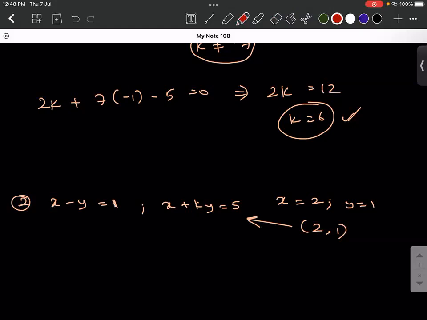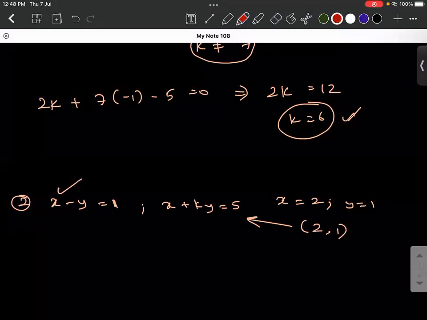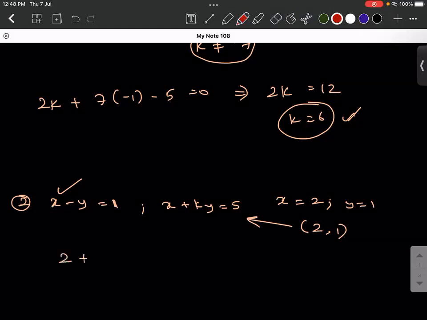No, you need not do this. Wherever k is there, take and substitute it. This equation is given only for you to check whether that point is right or wrong. If you want, you can check and see. 2 minus 1 is 1. Yeah. So this one is 2 plus k is equal to 5, which implies k is equal to 3. That's it.